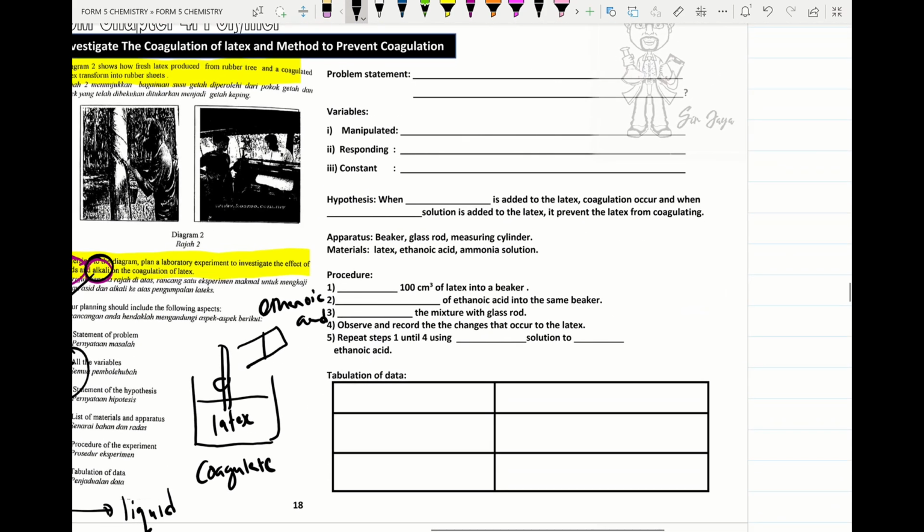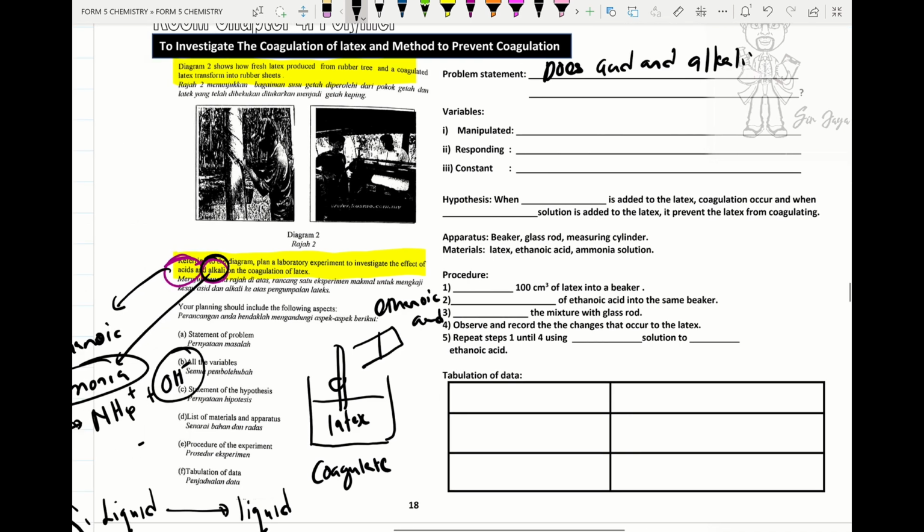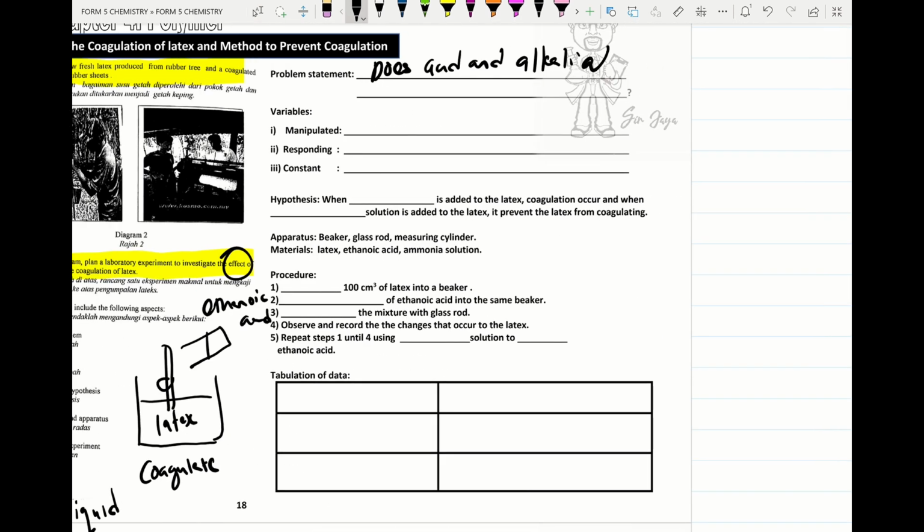So how to describe this experiment? The problem statement: does acid and alkali affect the coagulation of latex? So here we change it to effect on the coagulation of latex, then we put a question mark. All right, so the manipulated variable will be the presence of acid and alkali.